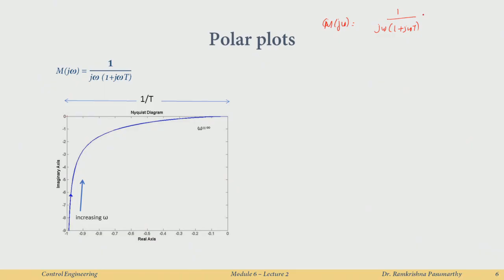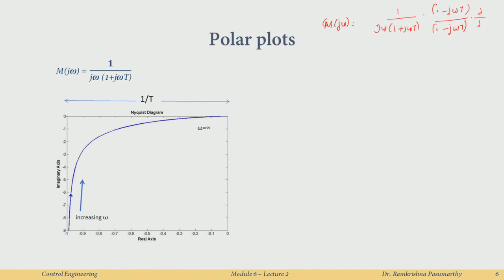I just do the rationalization, which I learned in school. So I just multiply and divide this by 1 minus j omega t. Similarly for this guy, I just multiply in the numerator by j and the denominator also by j, just so that I get rid of the j in the denominator this way.